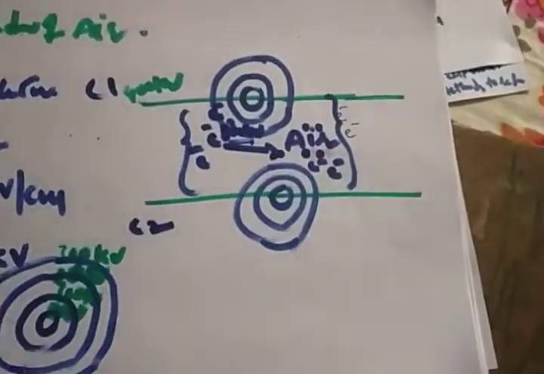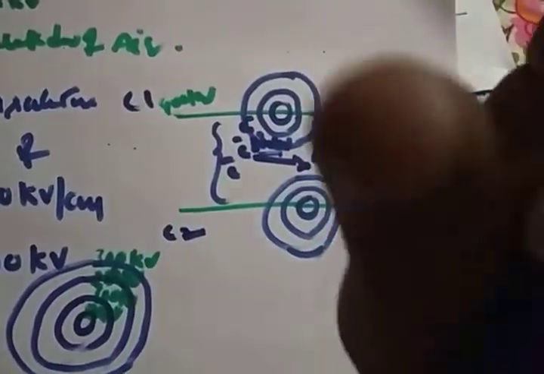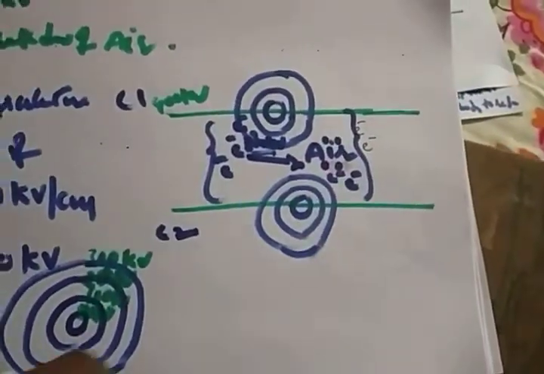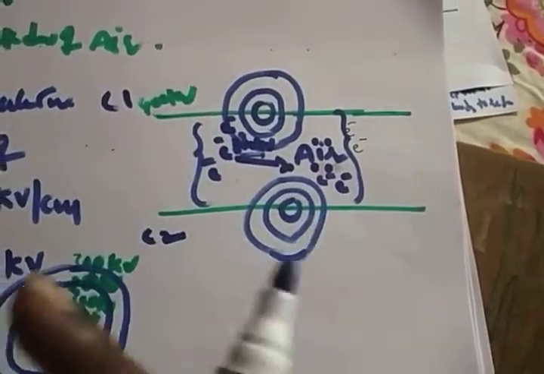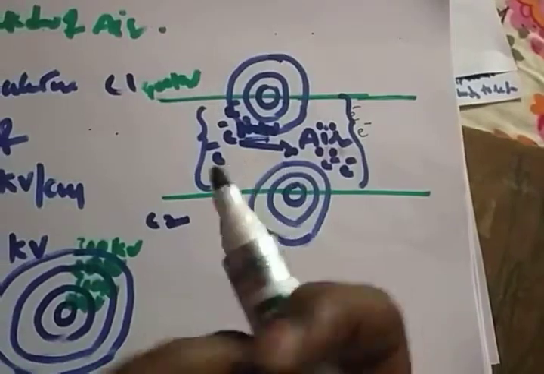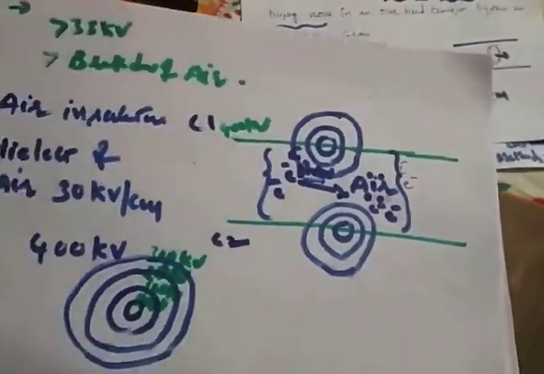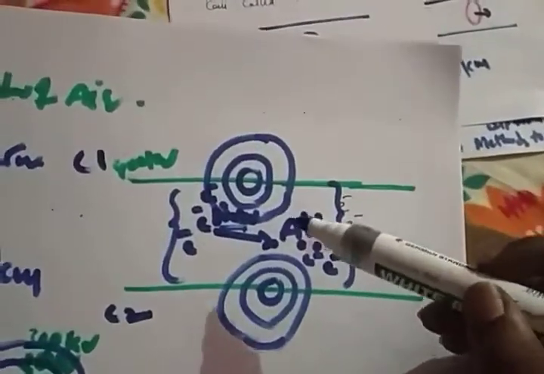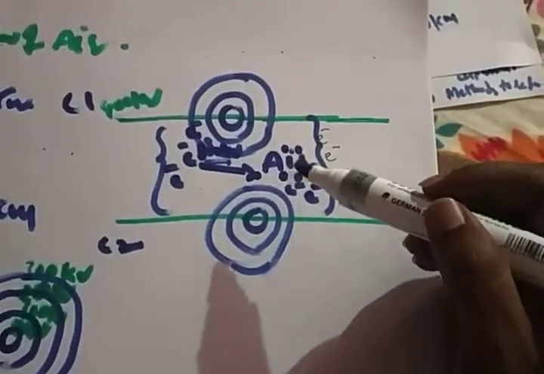Like in real life, you will observe high voltage transmission lines. You just go to a high voltage transmission system, you will observe some hissing noise is present. Those types of things you can call a corona. Right? So the air breaks down, the electrons hit the air molecules, and again electrons and ions are generated.